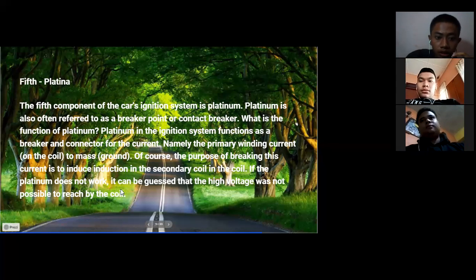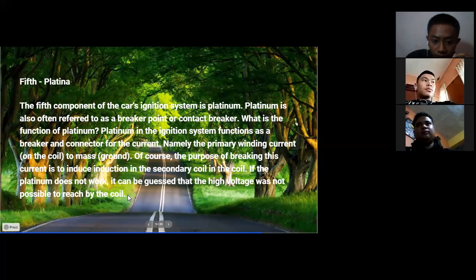Of course, the purpose of breaking this current is to cause induction in the secondary coil in the coil. If the platinum does not work, the voltage will not be possible to reach by the coil.